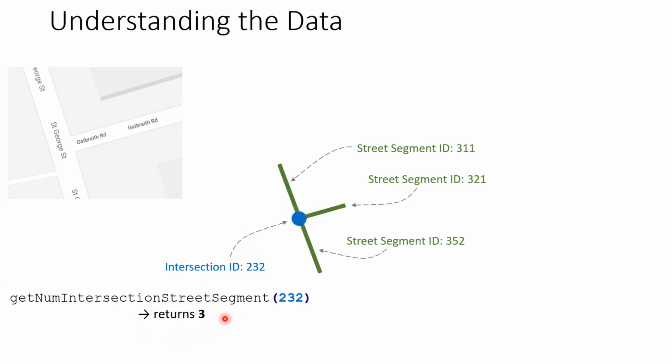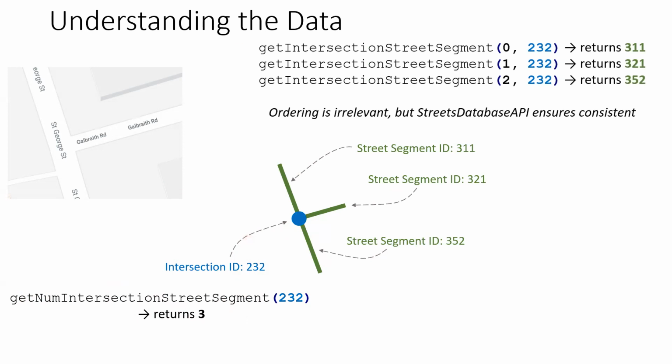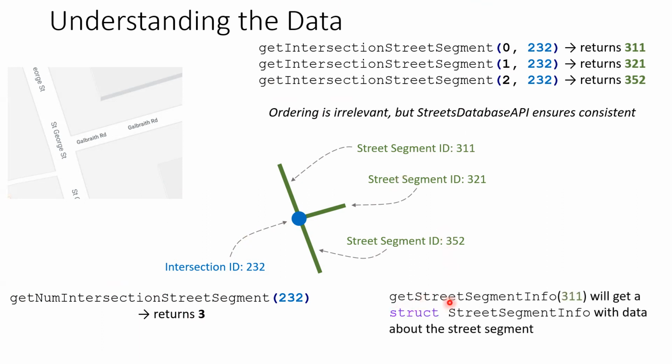And it will return 3, meaning 3 street segments are connected to it. Then run the get intersection street segment with 0, 1, 2 to get the 3 street segment IDs. And at the end, call the get street segment info of the 3 street segment IDs to obtain the actual street segment struct with the data about each segment.